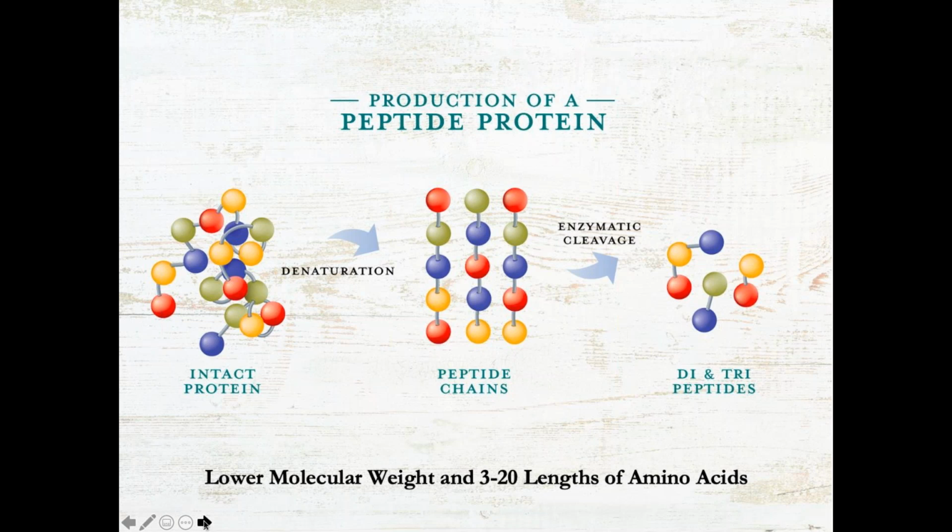But ultimately, peptides are produced from intact proteins with some sort of hydrolysis that will not only unravel, for lack of a better description, that ball of yarn, that quaternary or tertiary structure, but then certain bonds or binding sites between specific amino acids will be fragmented into these shorter chains.